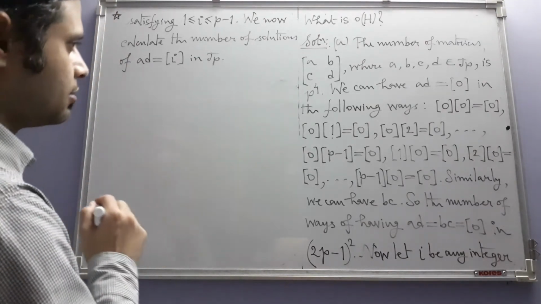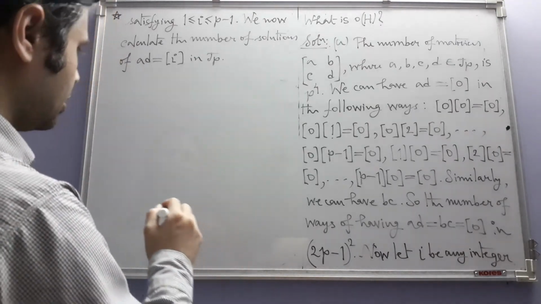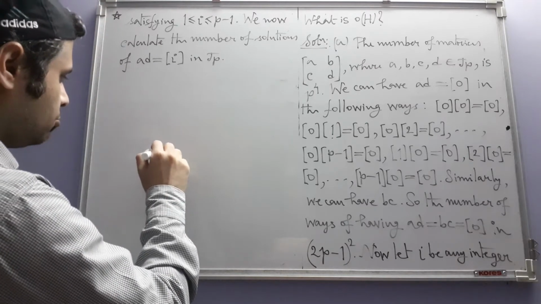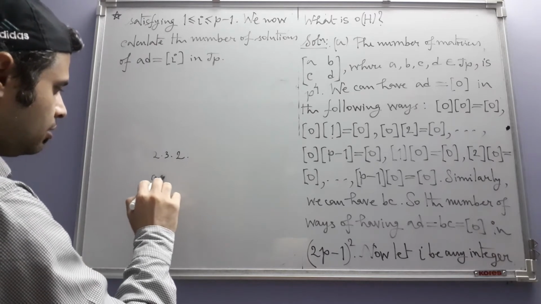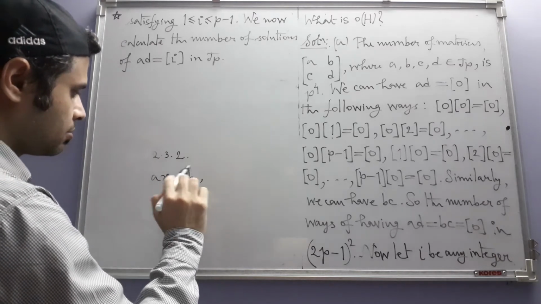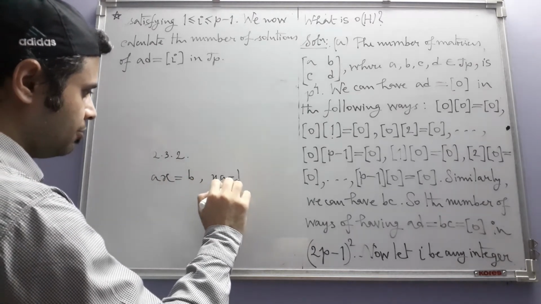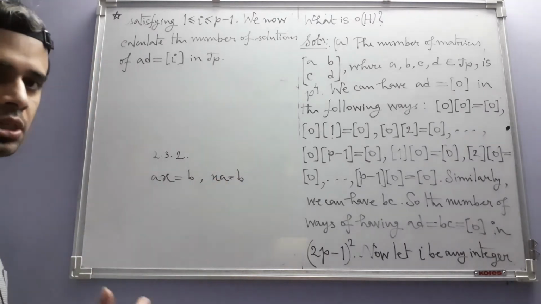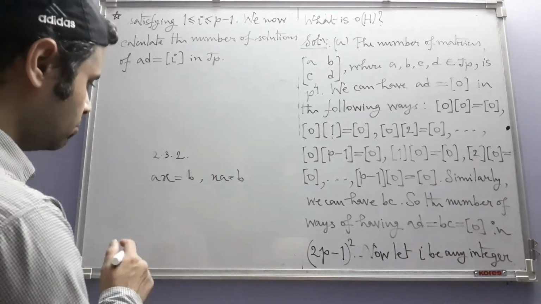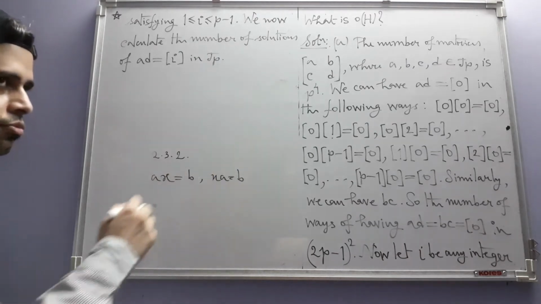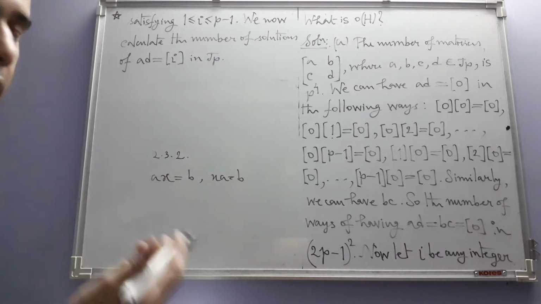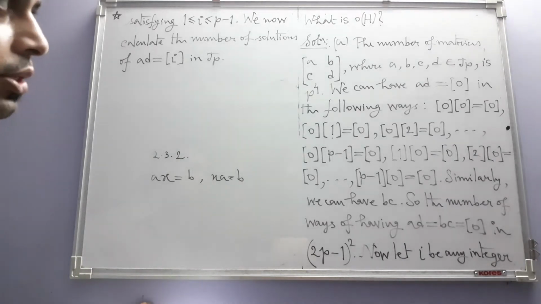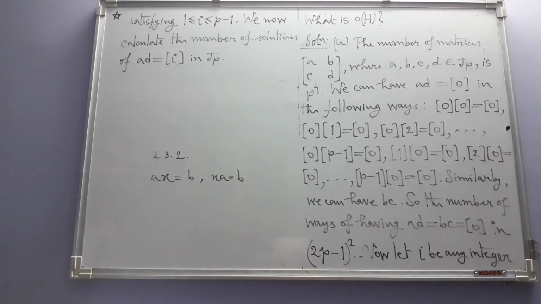The other one, if you remember, is lemma 232, which says that equations like this, if A and B are given, have unique solutions in a group, and from these we were able to conclude that the two cancellation laws are also true. Now this is a place where we will need this.